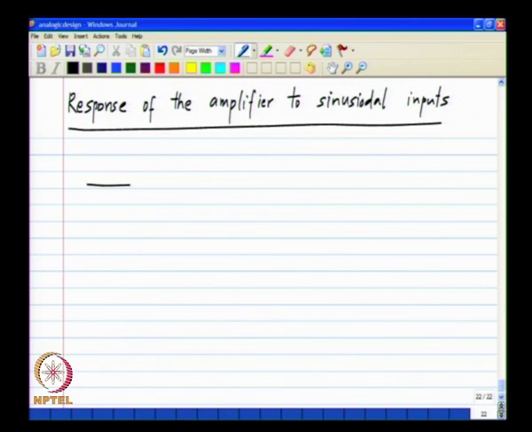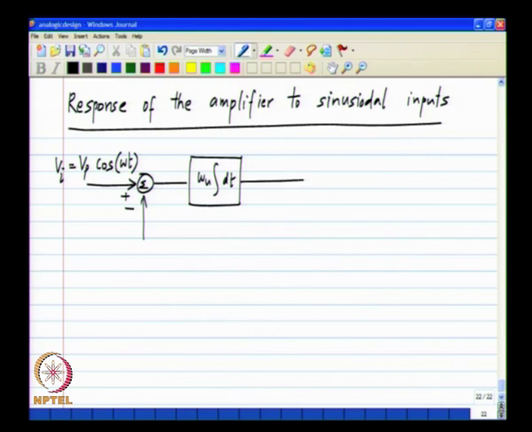So, in this case we assume that the input is a sinusoid at a frequency omega, okay. So, this is the system we want to analyze and we want to see what the output is in steady state.